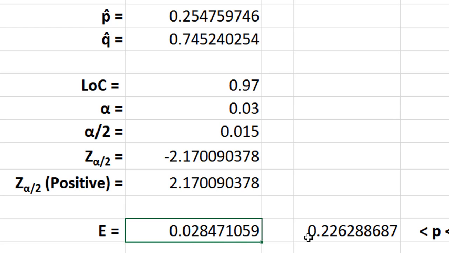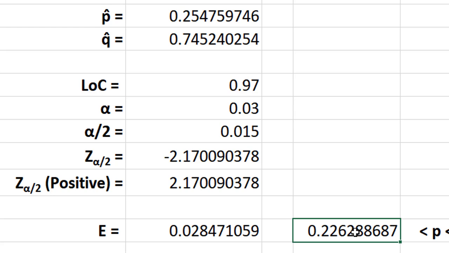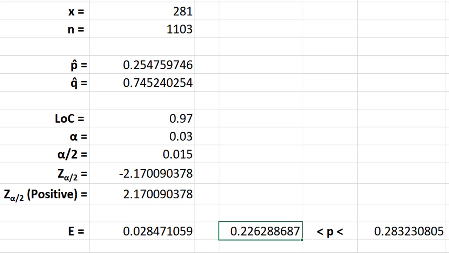And when I subtract that number from my p hat value, which is this number on the left, that's what I get. And on the right side, I get the 0.2832 number from adding E to p hat.